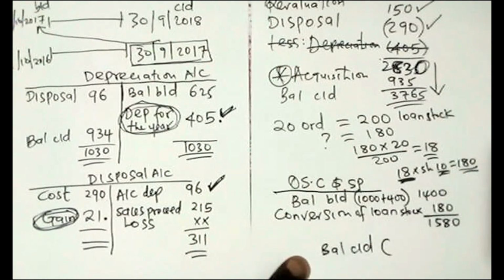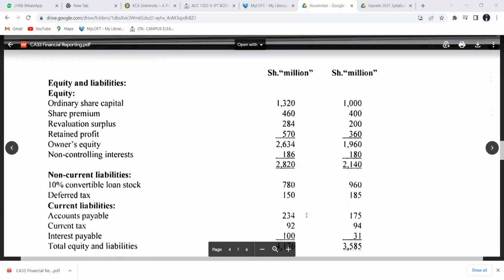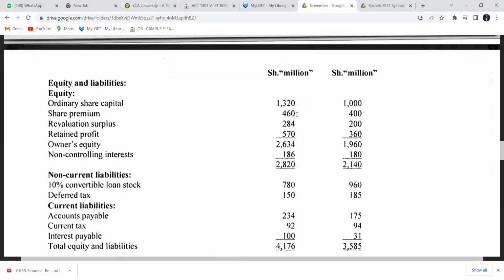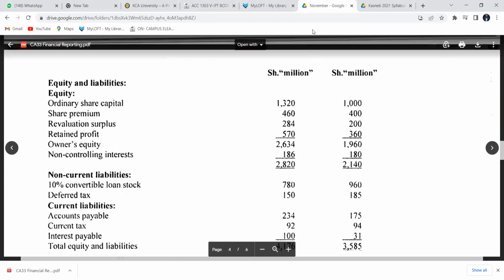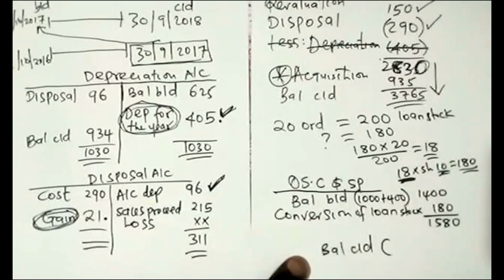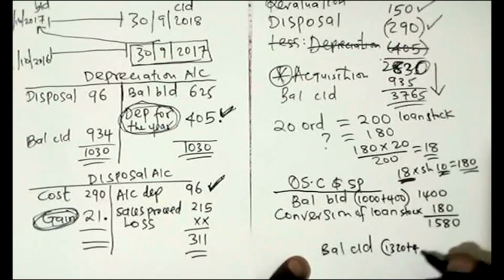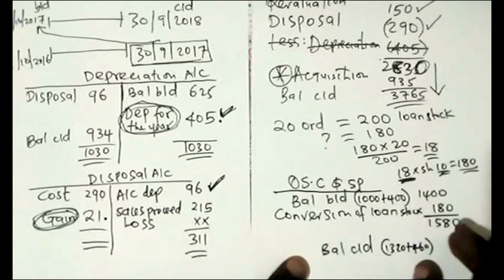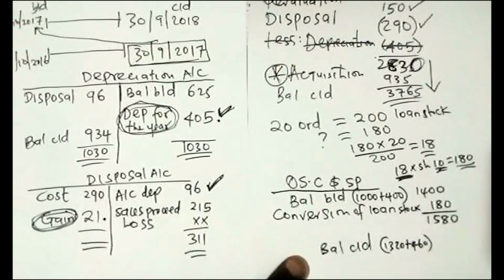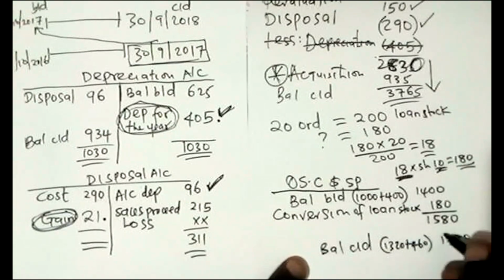So balance carried down of ordinary share capital and share premium is, so the ordinary share capital and share premium, 1320 and 460. 1320 plus 460, that is 1780.